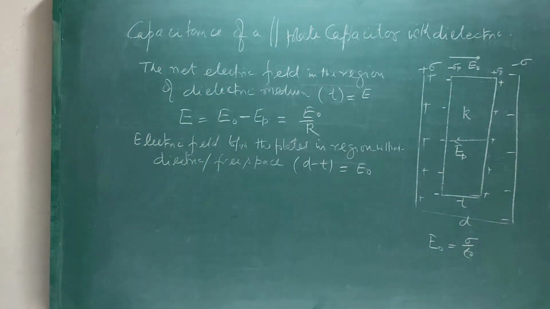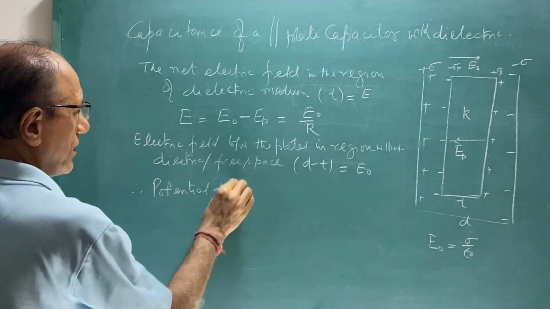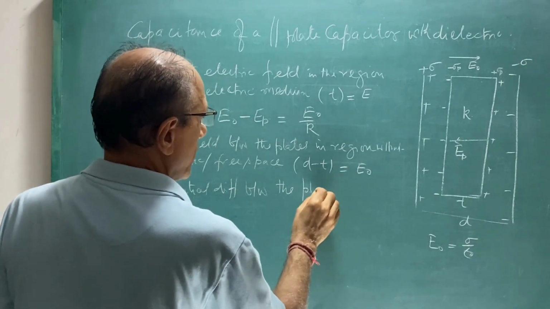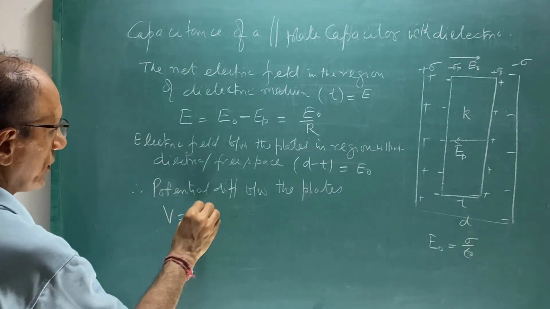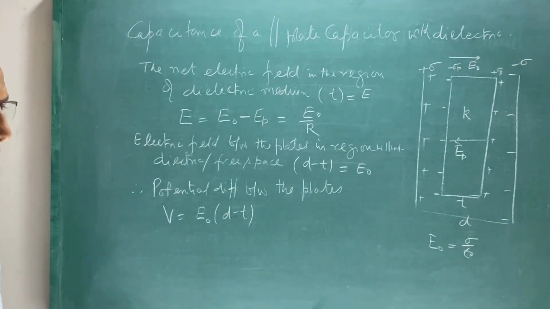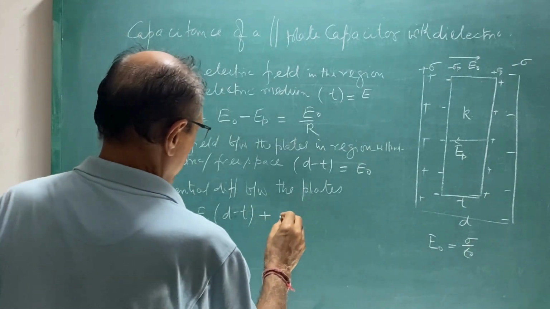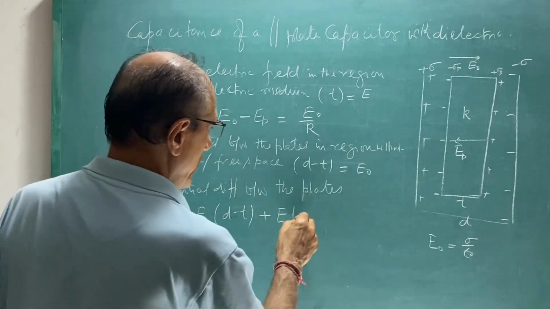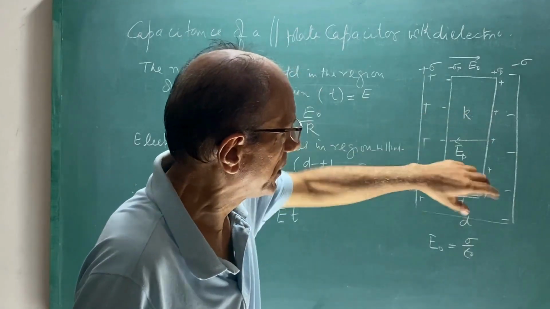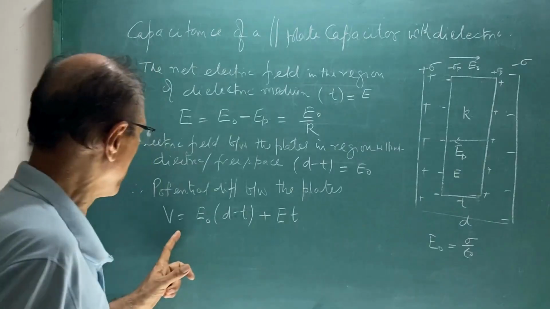Now if we try to find out the potential difference, therefore potential difference between the plates is V equals E naught into D minus T, because V equals E into D, plus E into T. Here is E naught, here is E naught, and here is E. So this E into the thickness will be the potential difference here, and rest of the space will have this much.